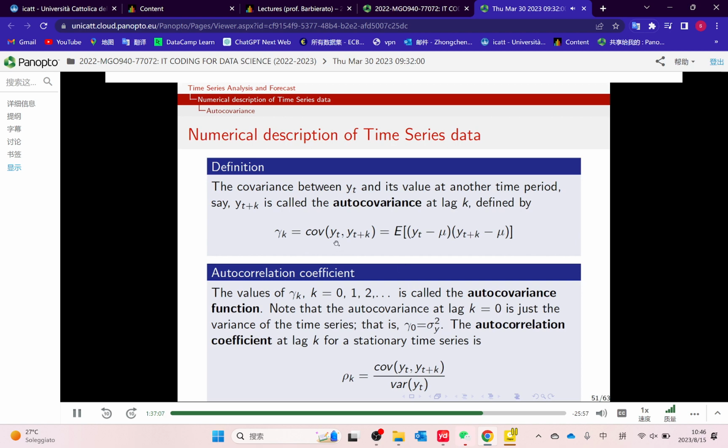So we do not have any more x and y, because now we're talking about our time series, and all the values are characterized by the same letter y. So we just define the auto-covariance described in these terms with this formula. Right, but how does it work? It means that you have to consider a certain lag.